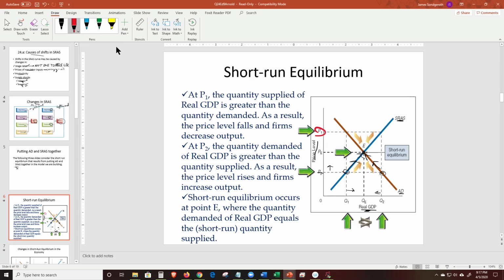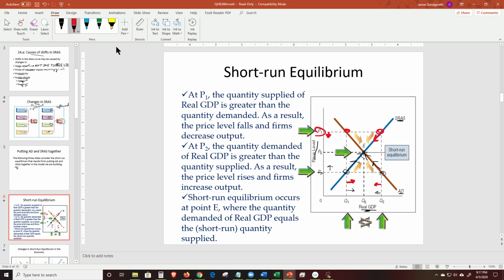And if the price level is up here, obviously there's a surplus. Not everything produced can be sold, so the business firms will start cutting prices and, of course, cutting output. And so they're moving this way as prices are cut.